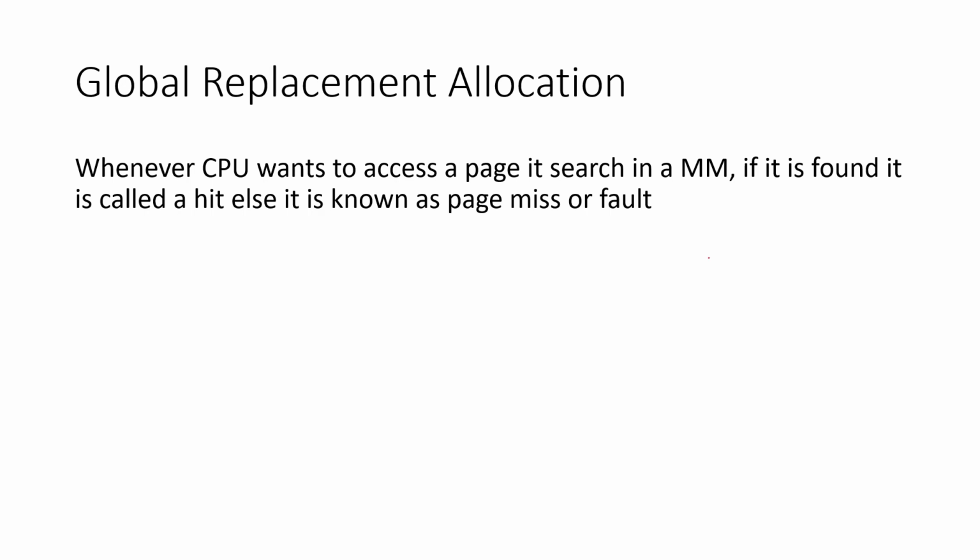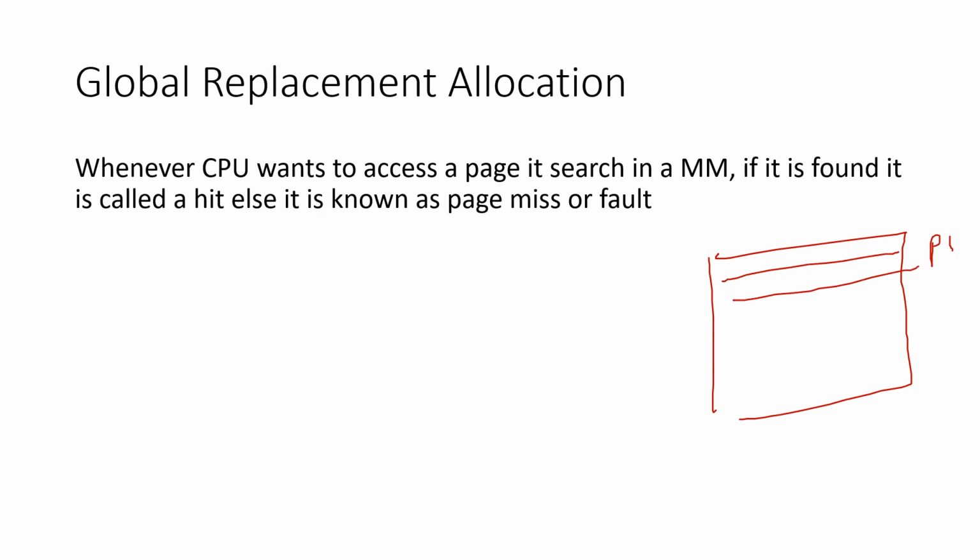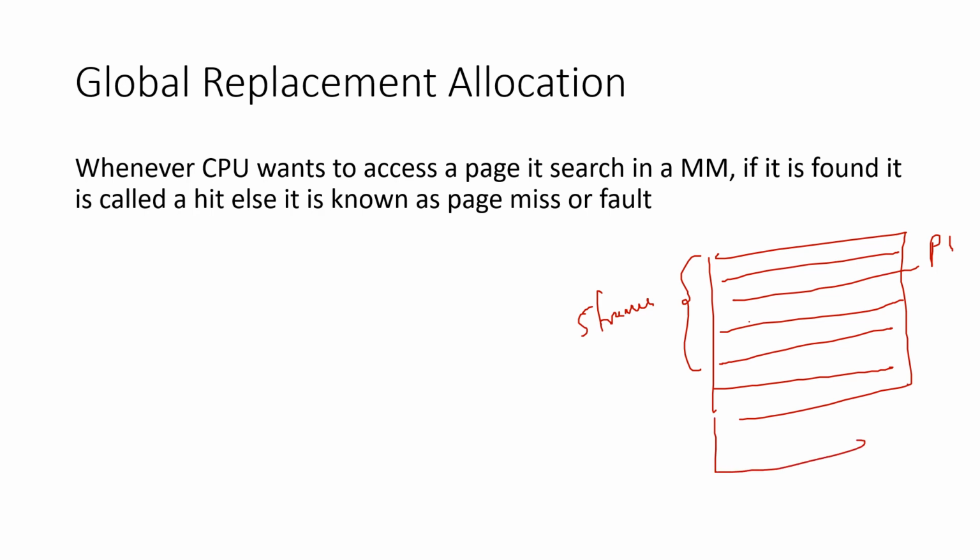Okay, so suppose this is your P1, having 5 frames, and P2 has only 3 frames.